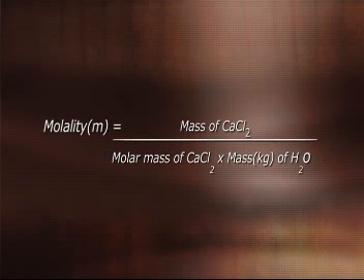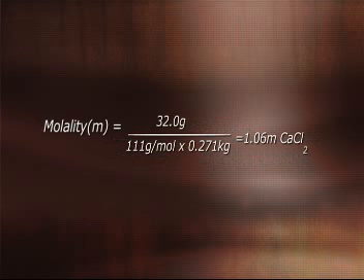Thus, molality equals the mass of calcium chloride divided by the molar mass of calcium chloride multiplied by the mass of water in kilograms. 32.0 divided by 111 grams per mole multiplied by 0.27 gives us the answer 1.06 molal.